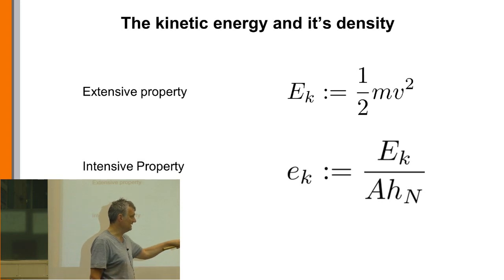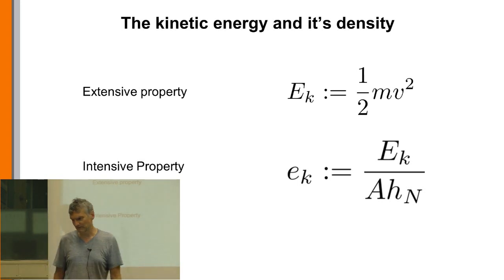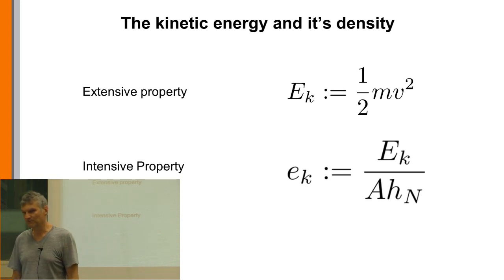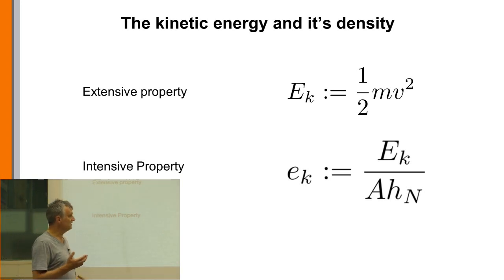Then I take the rainfall height of a certain rainfall event and divide the kinetic energy by this, and then I get an intensive property, meaning kinetic energy per volume.